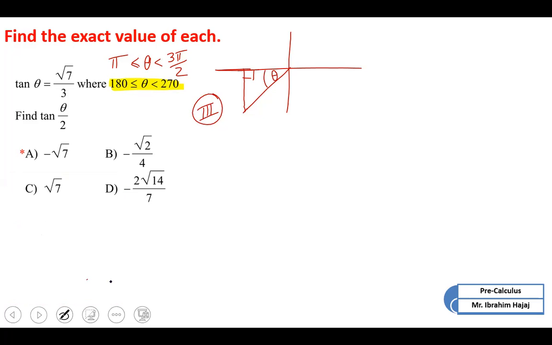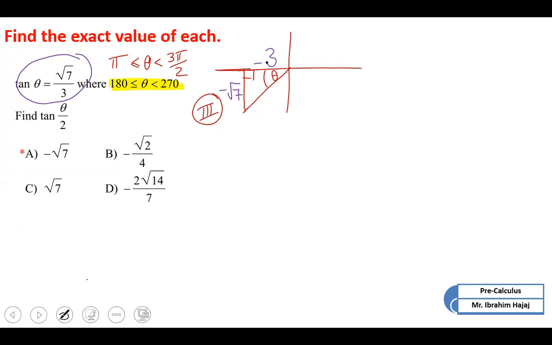We know that tan is radical 7 over 3, and tan is also opposite over adjacent, so the opposite will be radical 7, and let it be negative because we are moving down to the south, and it's a negative 3 here to be adjacent since we are moving to the west, or to the left.